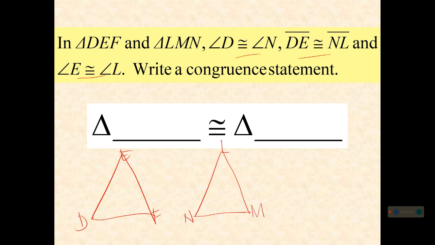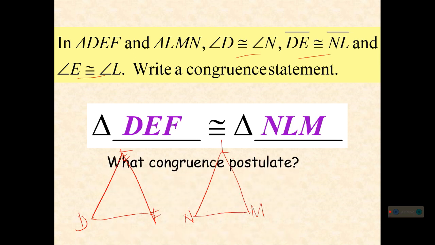So, what will be the congruence statement that you will form? You may have triangle DEF is congruent to what? Yes, to triangle NLM. That's good. Okay? So, by what congruence postulate? Yes, that is by the use of ASA.